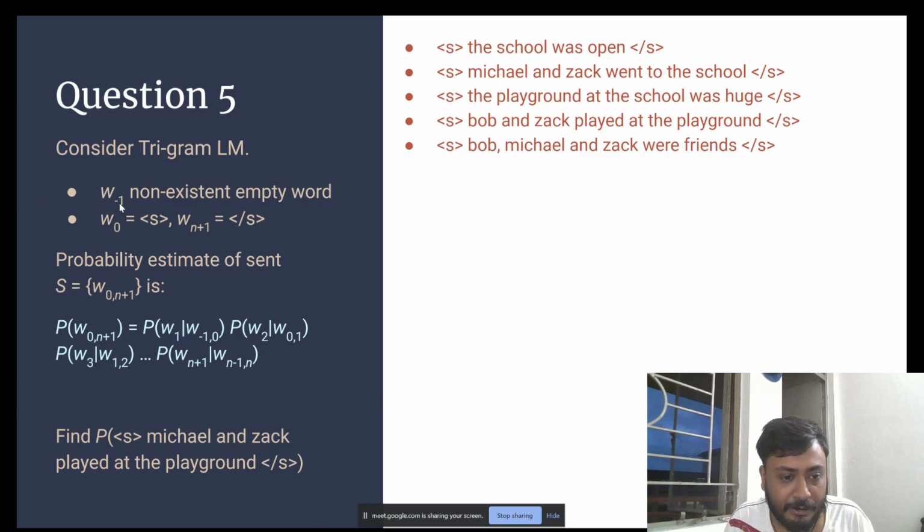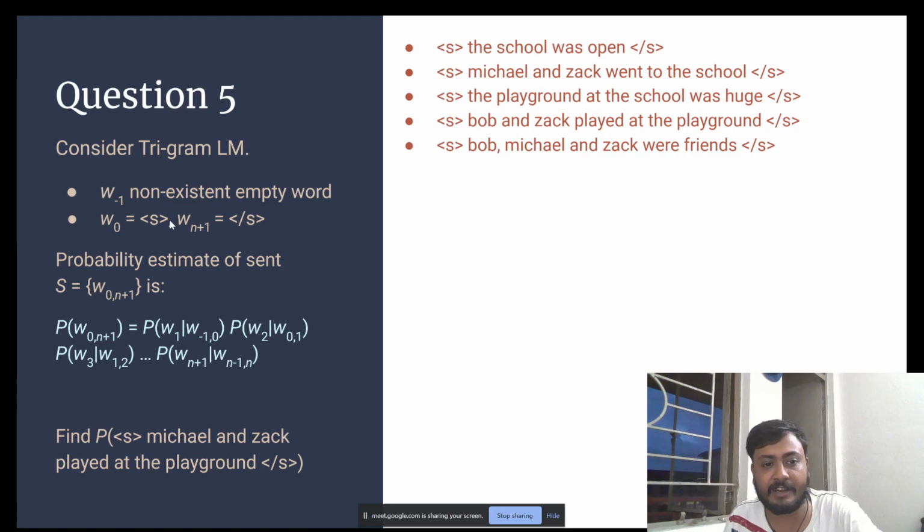Why do we need to think about an imaginary token? Well, the idea is that because we are doing this trigram model, you know the probability estimate of the sentence S, which is given as words W0 to Wn plus 1. So you have W0 as the beginning of sentence and Wn plus 1 as end of sentence. So there are n words.